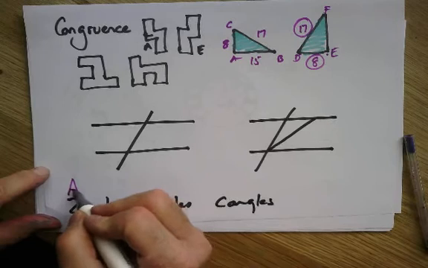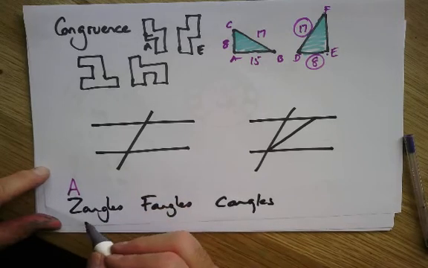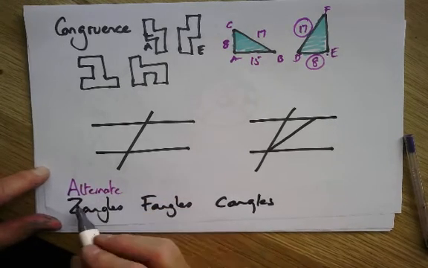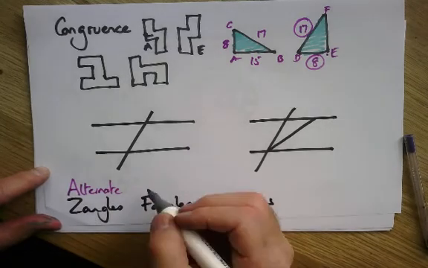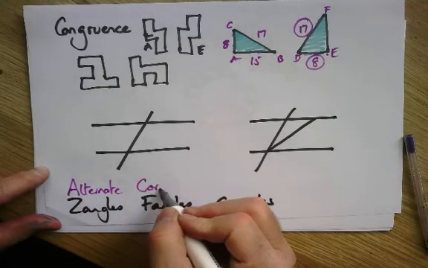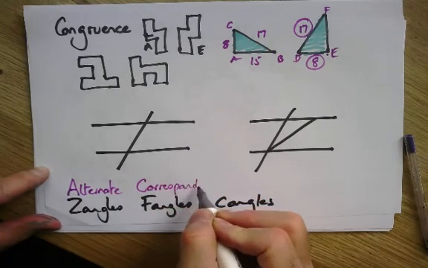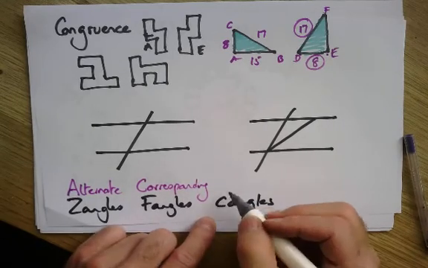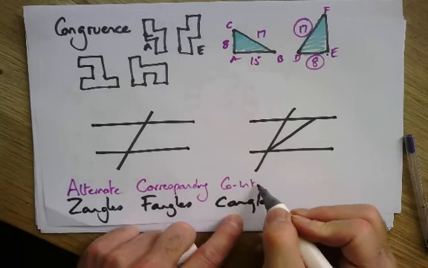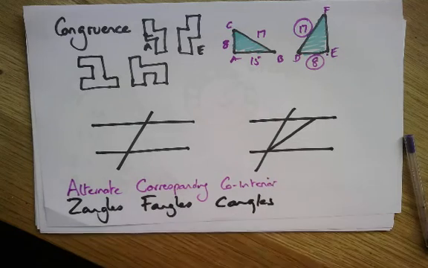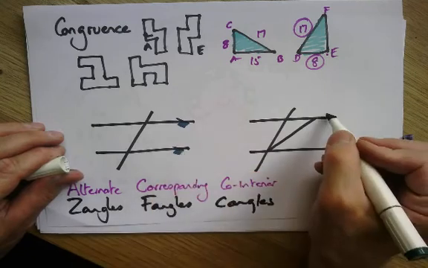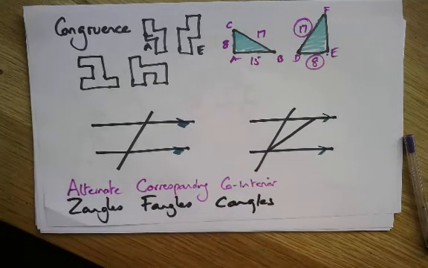The Z angles are connected with the letter A, and it's called alternate. The F angles are connected to C, Father Christmas, who you correspond with, so it's called corresponding. And then the C angles are co-interior, ones that are inside the parallel lines. That's what we're going to be using here.